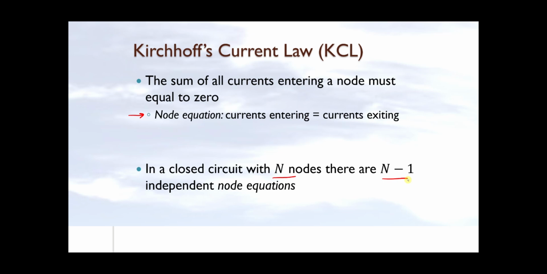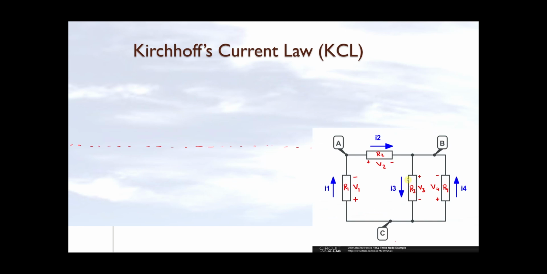So let's practice that on this given circuit here. I have a circuit with 4 resistors. Each resistor has an associated current I1 through I4, and you can easily identify that we have 3 nodes: node A, node B, and down here node C. With 3 nodes we can write 2 independent KCL equations, so we only need to write KCL at 2 different nodes.